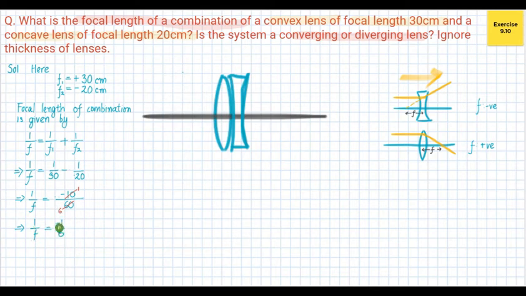Now I can do the cross multiplication. After cross multiplication, your focal length f equals minus 6. And in which system are we measuring? CGS, centimeter. So I'll write down centimeter.